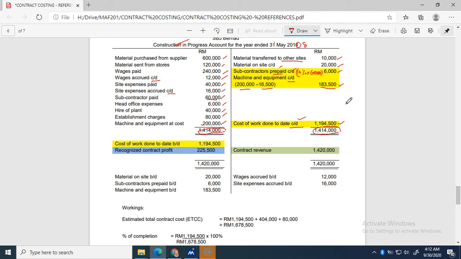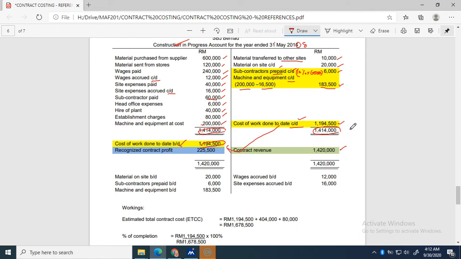Okay, so finished first stage. This cost of work done to date carried down, we transfer to the credit side as a balance brought down, 1,194,500 ringgit.